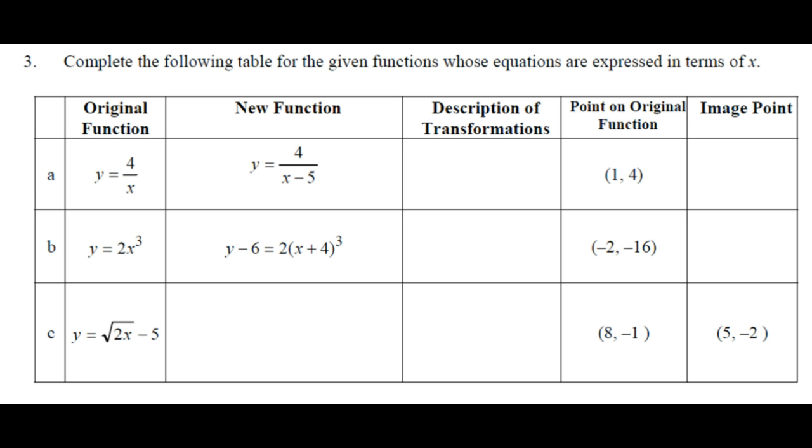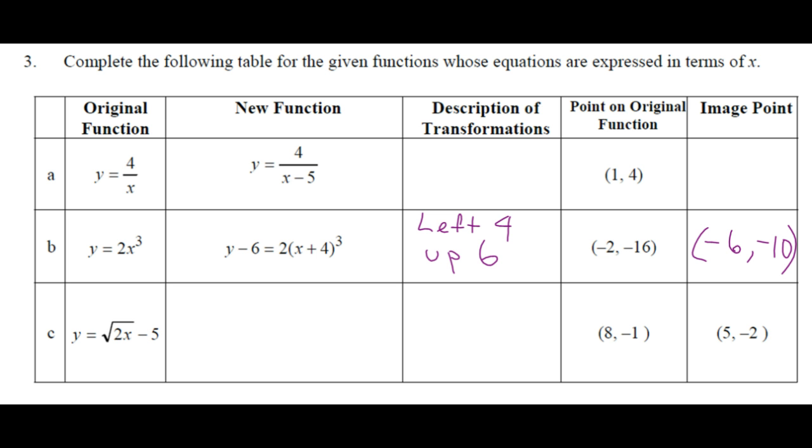So we've got a horizontal translation left 4, so we're going left 4, and we're going up 6. So I've got the point -2, -16. If I go left 4, then we have to subtract 4, right? So we go to -6, and I go up 6, -10.